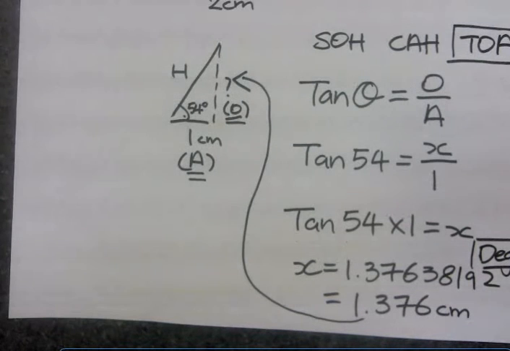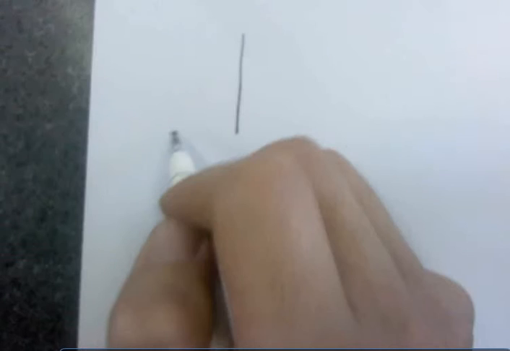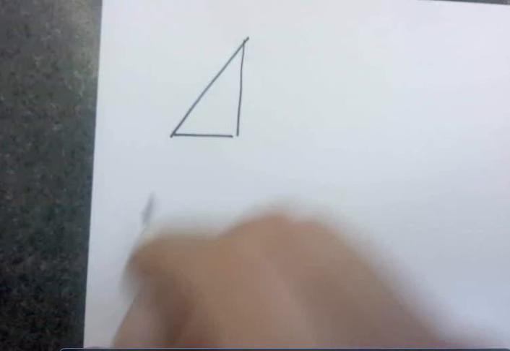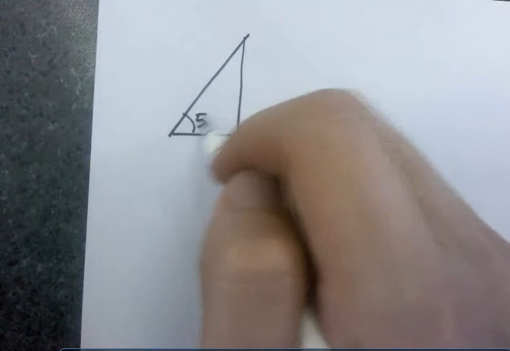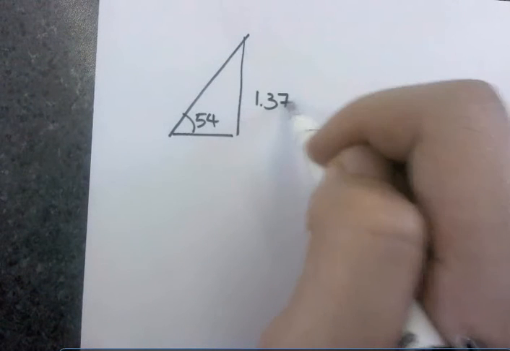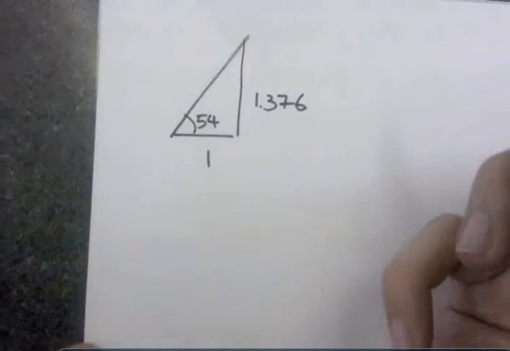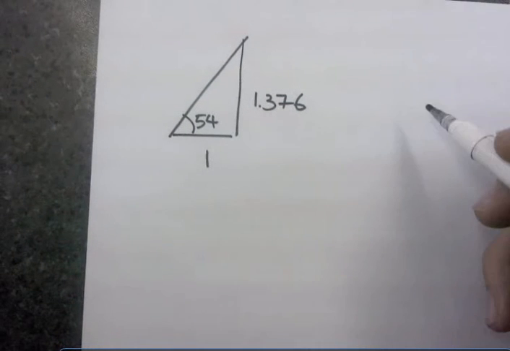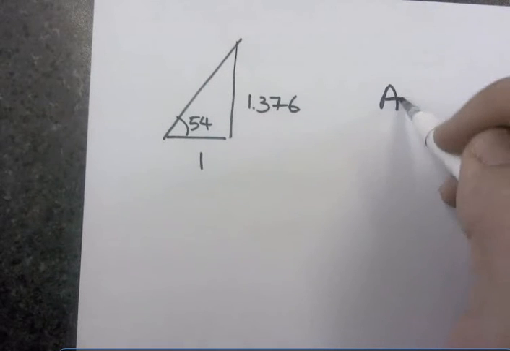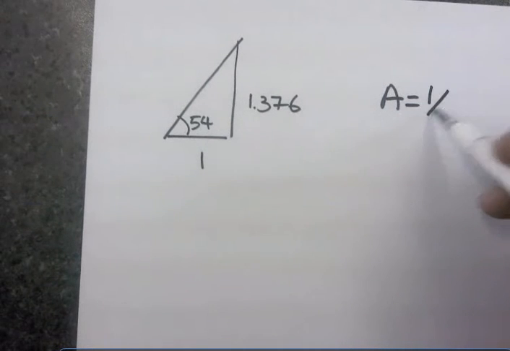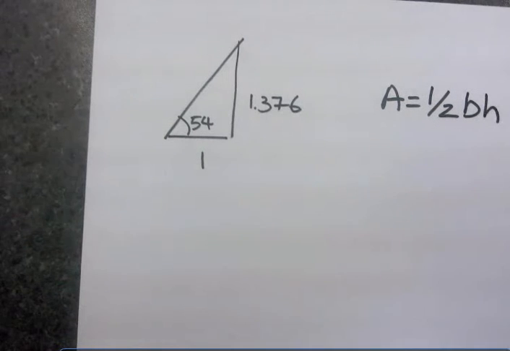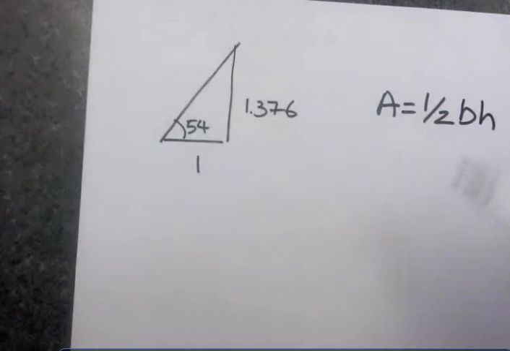Now, what we could do right now, because we know this is 54, 1.376, that's 1, we could actually work out the area of this triangle. Area of a triangle is area equals half base height, which just means area equals half times base times height.